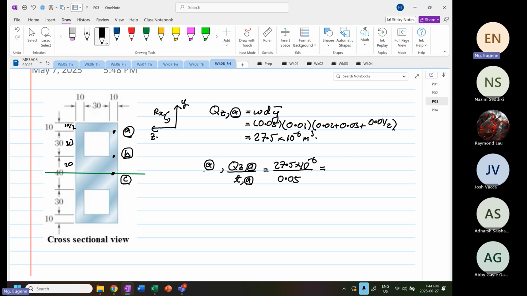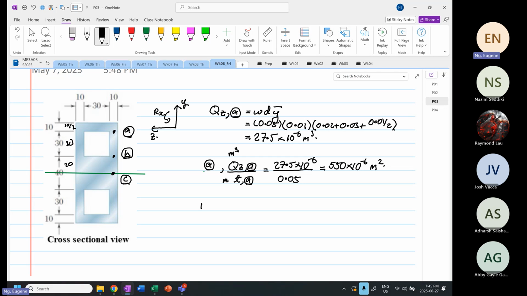So 27.5 times 10 to the power minus 6 divided by 0.05 is equal to 550 times 10 to the power minus 6, right? If you look at the units, this is in meter squared, okay? Because the first moment of area is meter cube, the thickness is in meter, so it is meter squared.